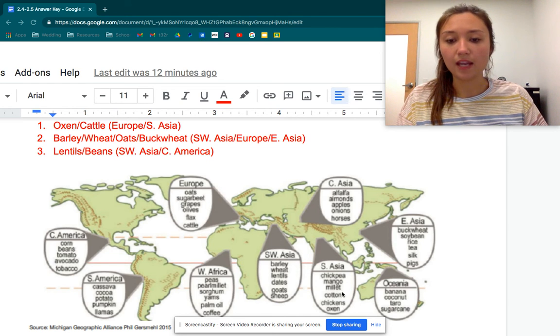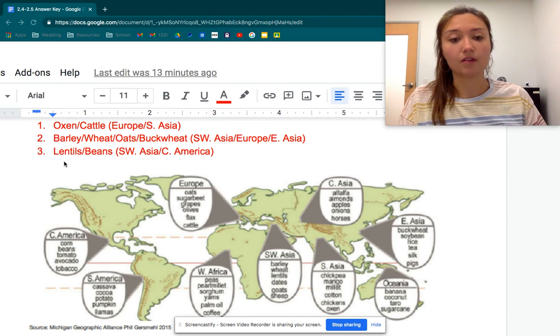And then we see in South Asia down here, oxen. Pretty much the same thing. Number 2 I found was barley, wheat, oats, buckwheat. All those things are pretty similar, but found all over the world. So let's see, barley and wheat here in Southwest Asia. We have in Europe oats, and in East Asia we have buckwheat.